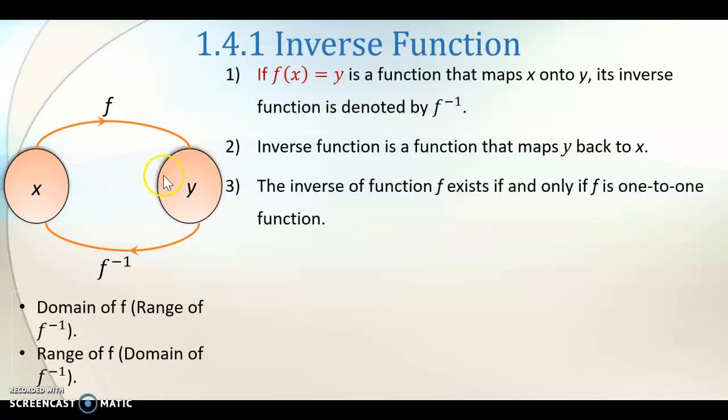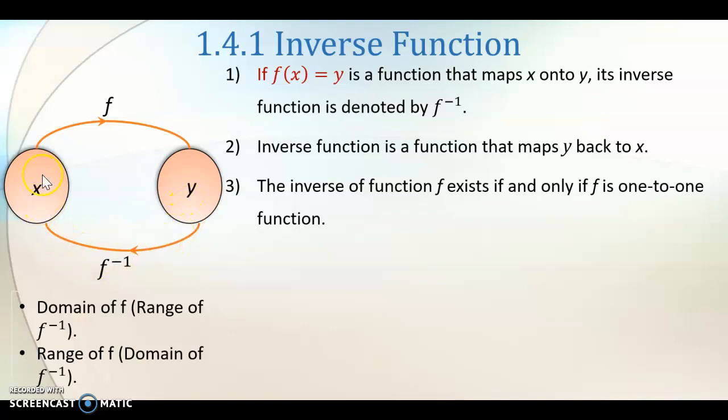If you look here, we have two sets, set x and set y. The function f maps x to y. Meanwhile, this is the inverse function. The inverse function will map y back to x.